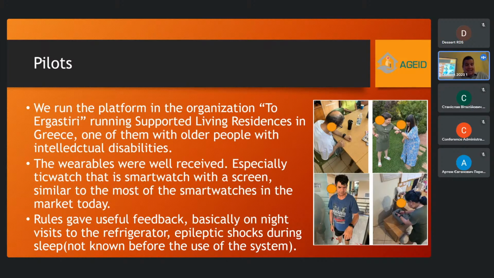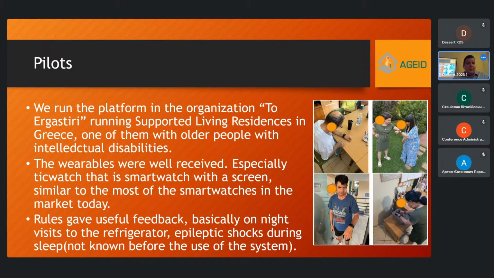And the results: running this program, we found some things that the caregivers didn't know. These were night visits to the refrigerator, which is something they wanted to see from the beginning. We had motion detection in the person's room, and after some seconds or minutes, the refrigerator door opened. So you could understand that at night this person woke up, and then the refrigerator door opened.